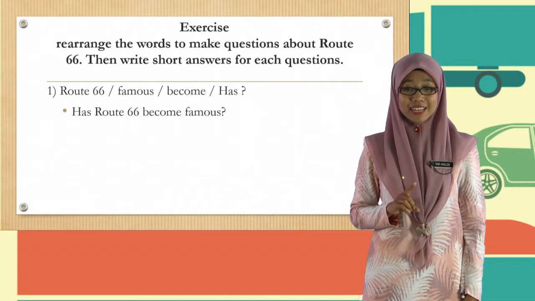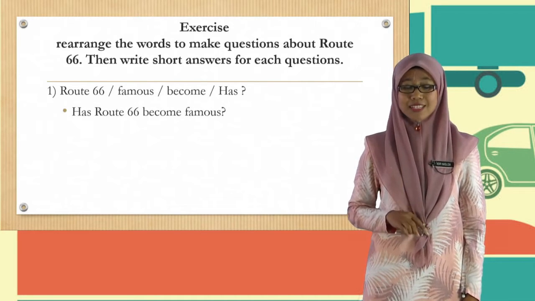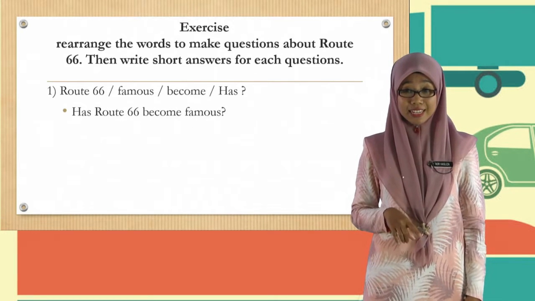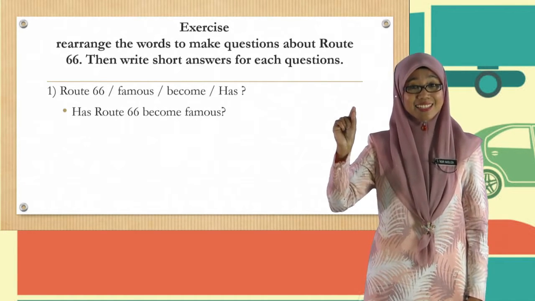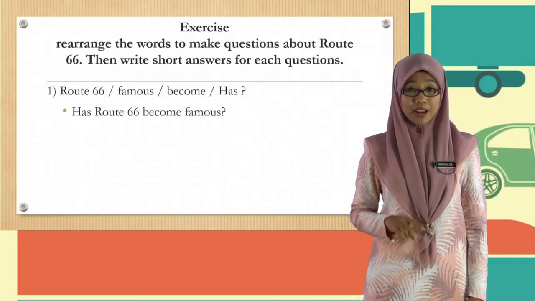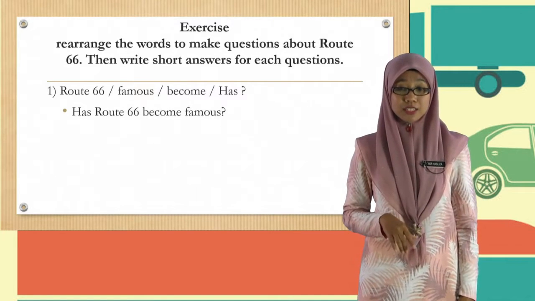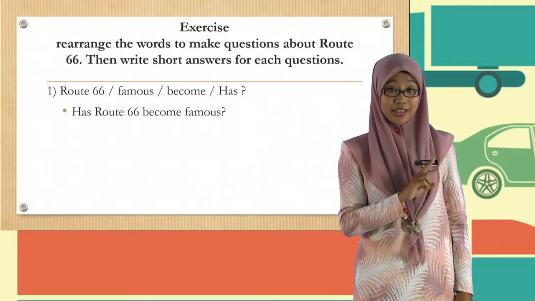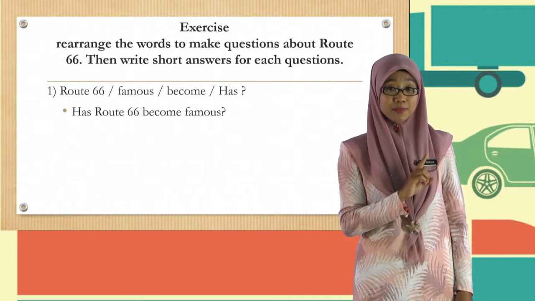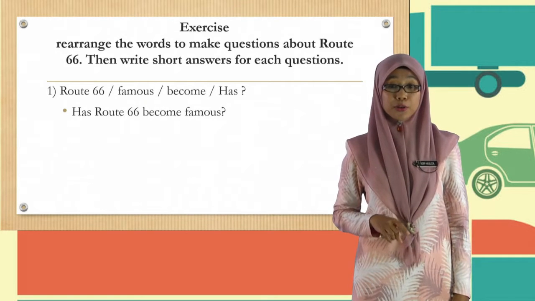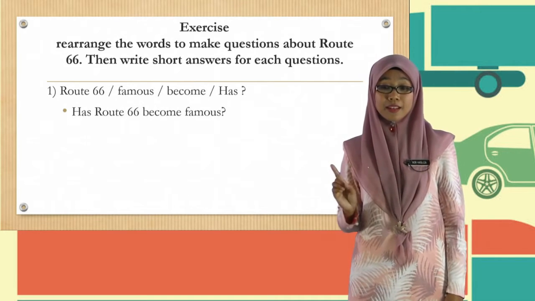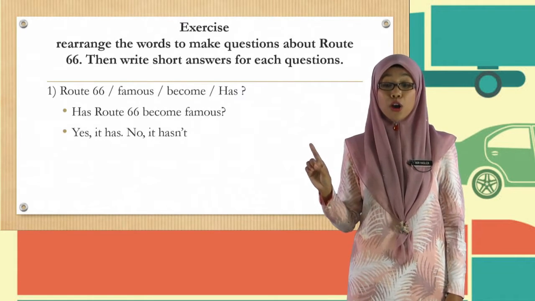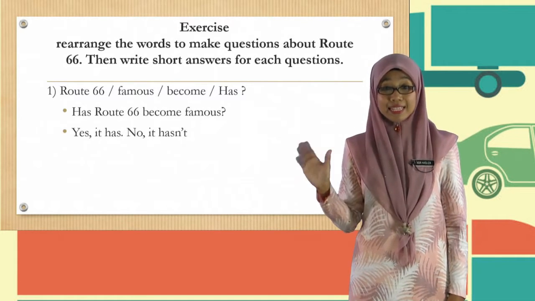The answer is, has Route 66 become famous? If your answer is like this, then tick, it's correct. You can write short answer for this question, either yes, it has, or no, it hasn't.